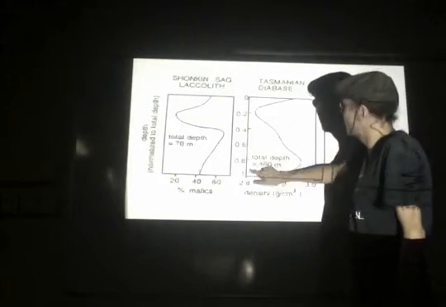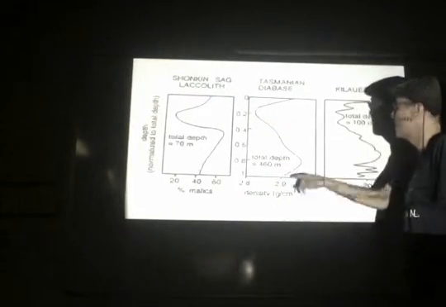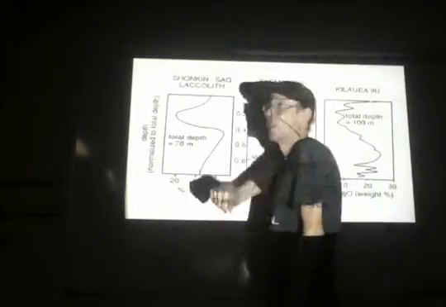Here we have the total depth of 460 meters. Here we have high density, here we have low density. Where do you expect the chromite, the ilmenite, the magnetite?